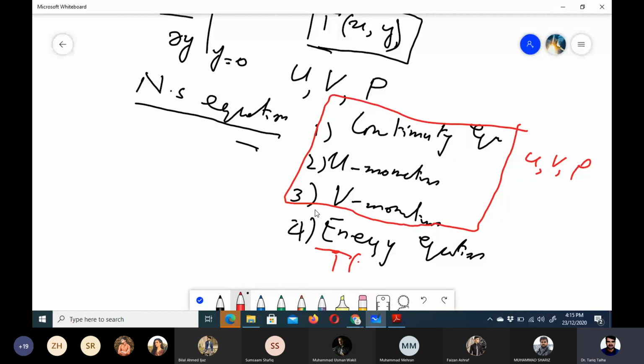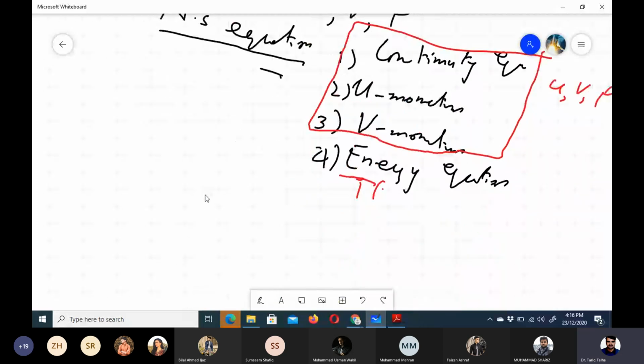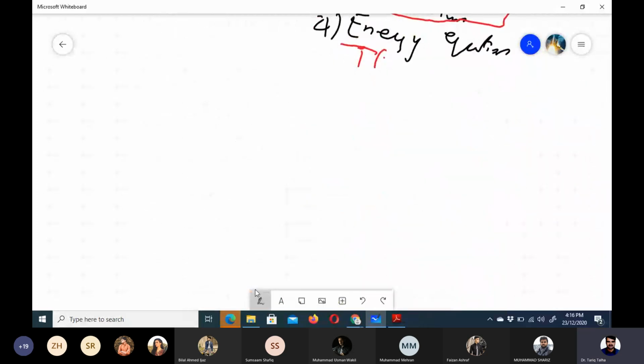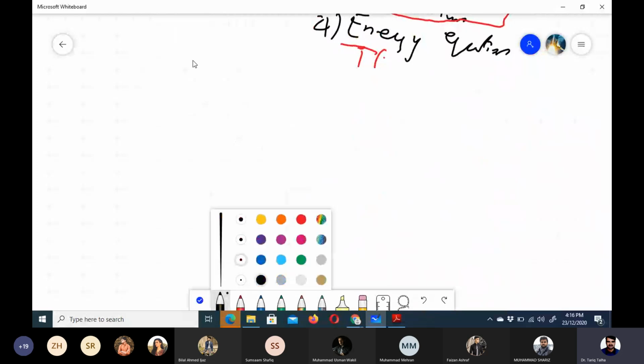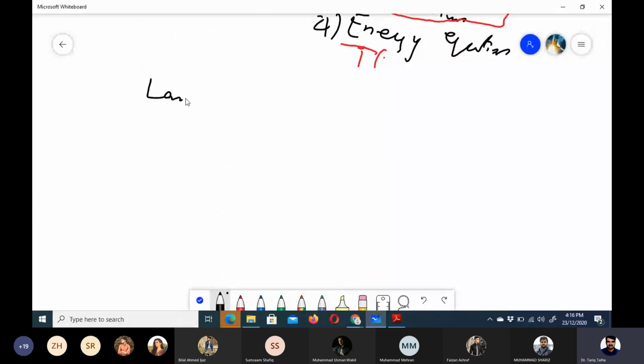The analytic solution is very difficult in this case, and it is only limited to some laminar flow situations, in which our governing PDE becomes an ODE.